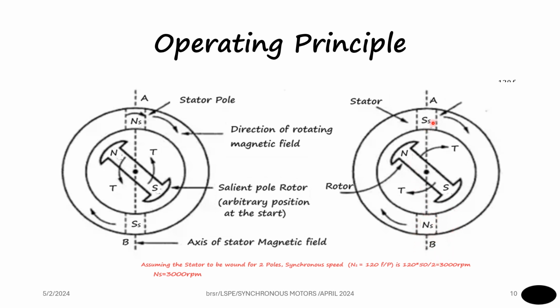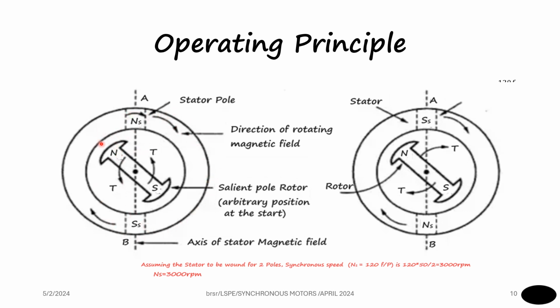Now, because the south pole is closer to the north pole of the rotor, this rotor tries to move towards the stator magnetic field south pole, and it tries to move in the clockwise direction. Initially it tried to move in the anti-clockwise direction. Now it is trying to move in the clockwise direction, but before it could move to the clockwise direction, again the poles of the stator would have changed their position.